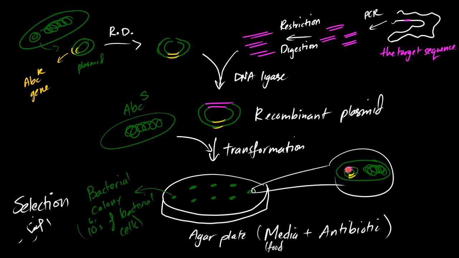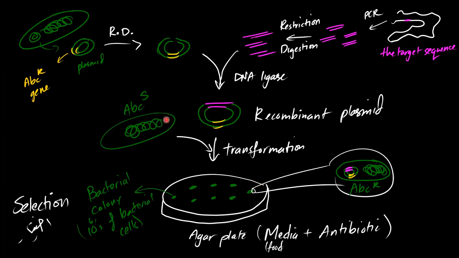Cells that have the plasmid will be selected. All of the cells that will grow are AmpR, so they are resistant to the antibiotic. The antibiotic will not be able to kill them.